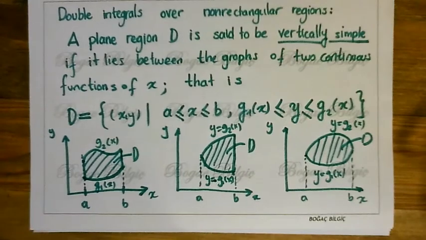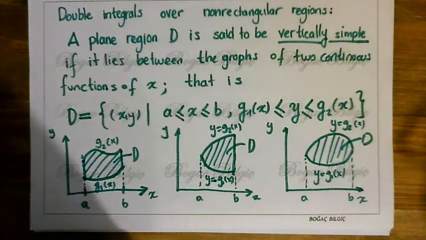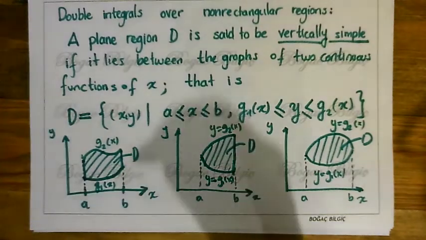If D is vertically simple, then it is bounded from below by the graph g1(x) and from above by the graph g2(x).